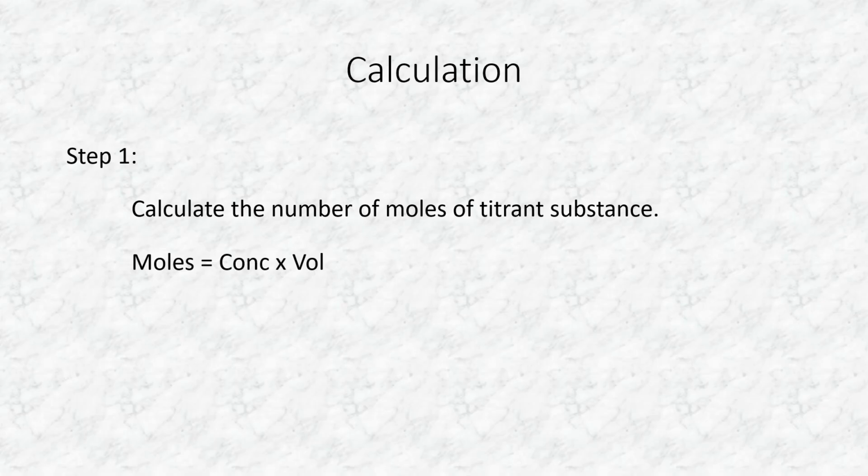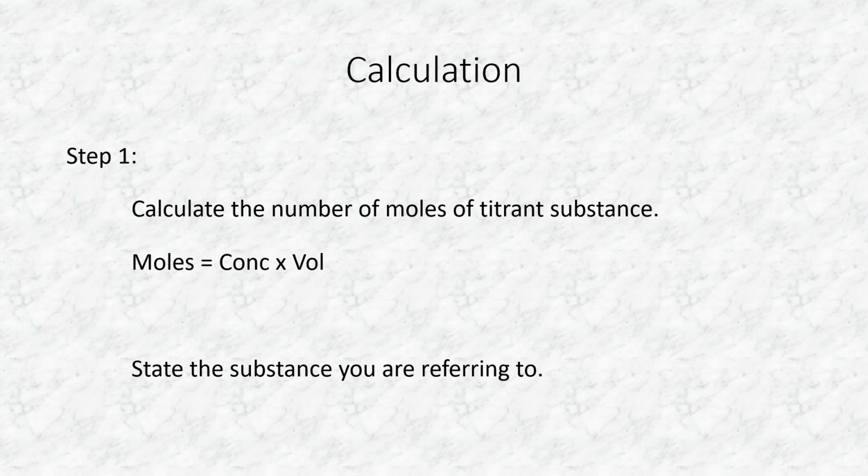So you need to divide that average titer value by 1000 in order to get how many decimeters cubed it is. Really important, state what the substance you're referring to. You can't just say moles from the titration equals this. You need to say moles of what. And at this point, it is the titrant substance, the substance that is in the burette, not the sample substance.